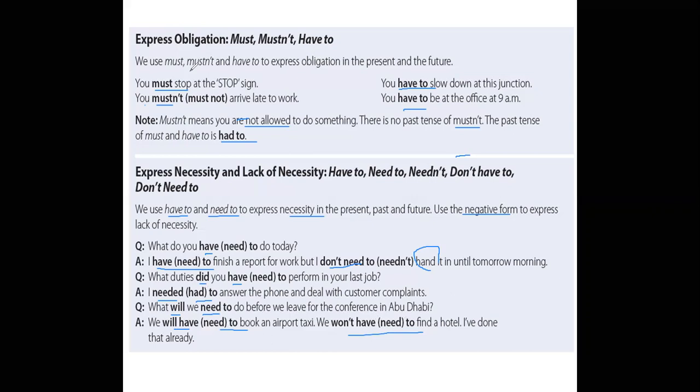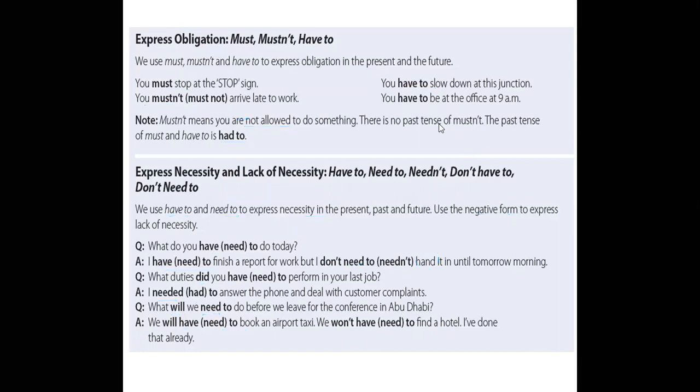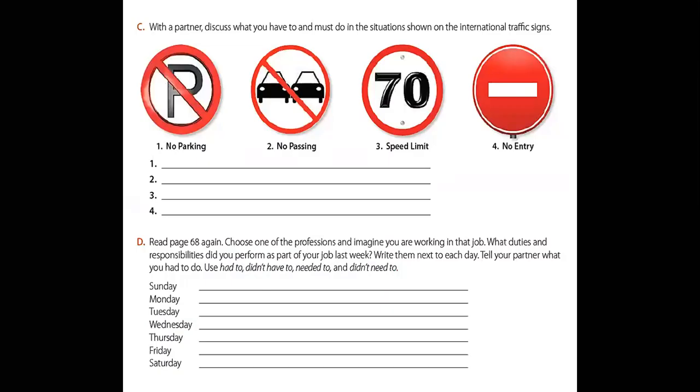Now, let's answer the following exercise. Exercise number C. Discuss what you have to and must do in the situation shown on the international traffic sign.